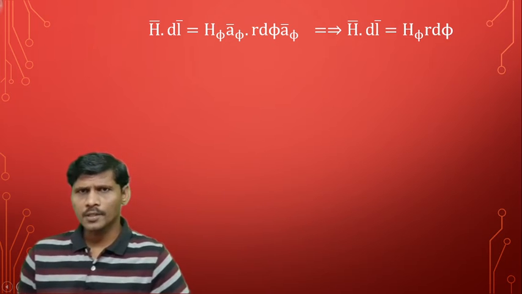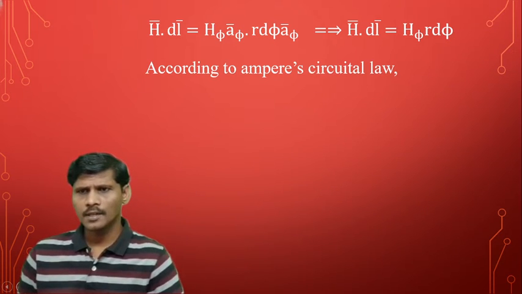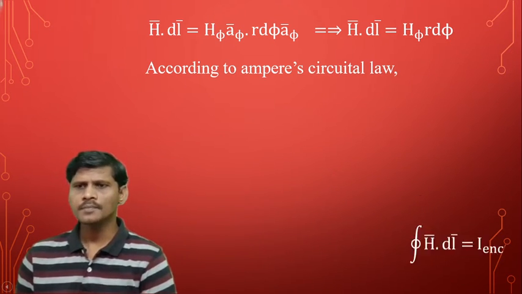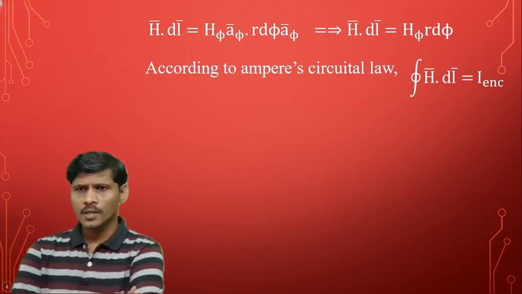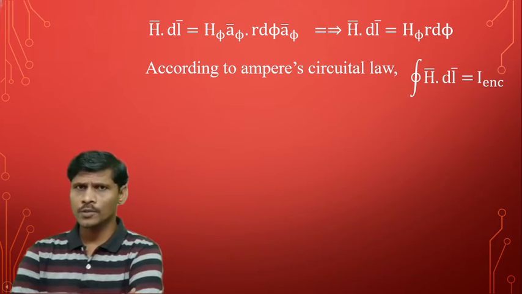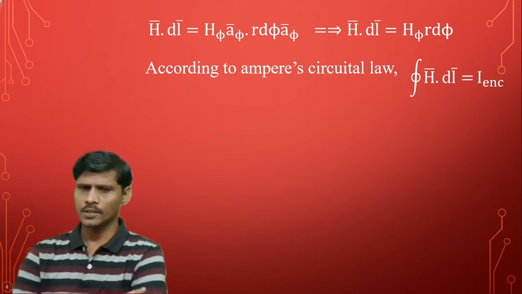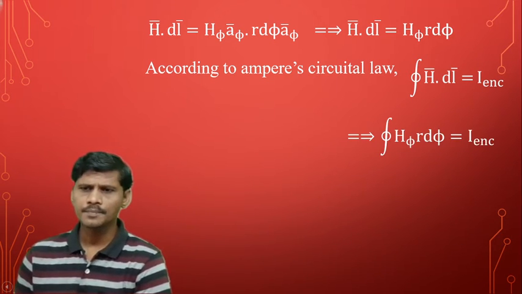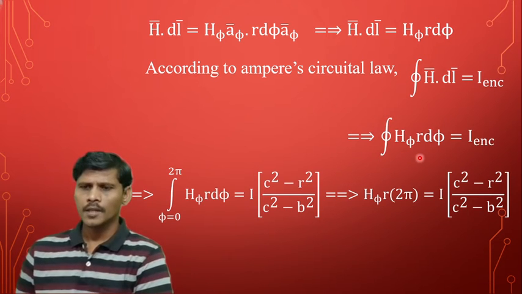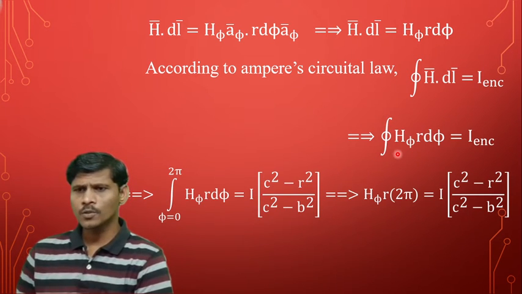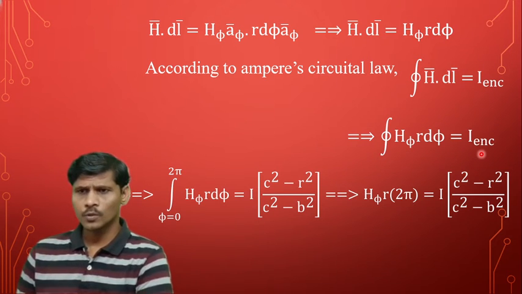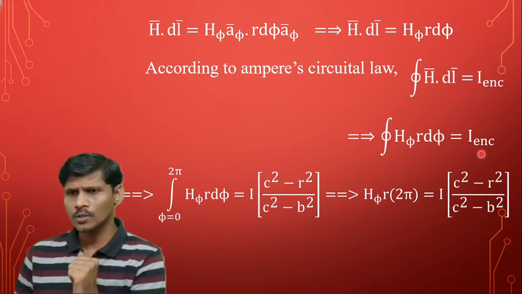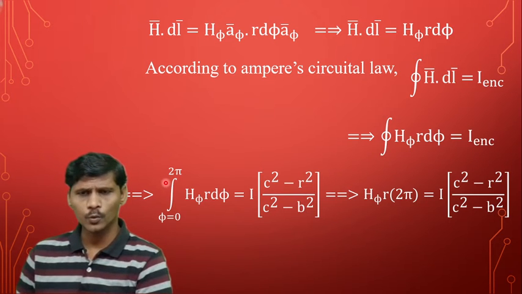According to Ampere's circuital law, the closed line integral of H bar dot dl bar is equal to the enclosed current. Substituting H bar dot dl bar and the enclosed current values in this equation, we get the closed line integral of H phi r d phi is equal to the enclosed current. Over the Amperian or closed path, phi varies from 0 to 2 pi.